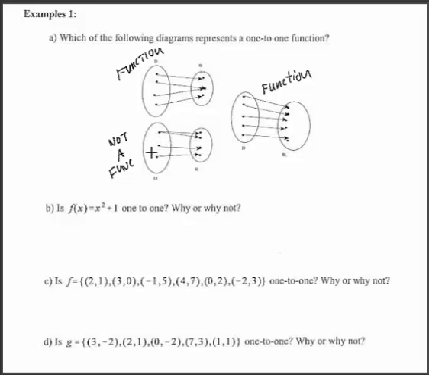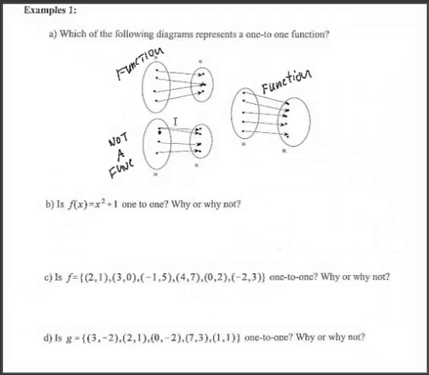This arrow diagram represents a relation instead, not a function, because this input value tracks over to two outputs in this range. So this one on the bottom is not a function, so we cannot call this a one-to-one function.